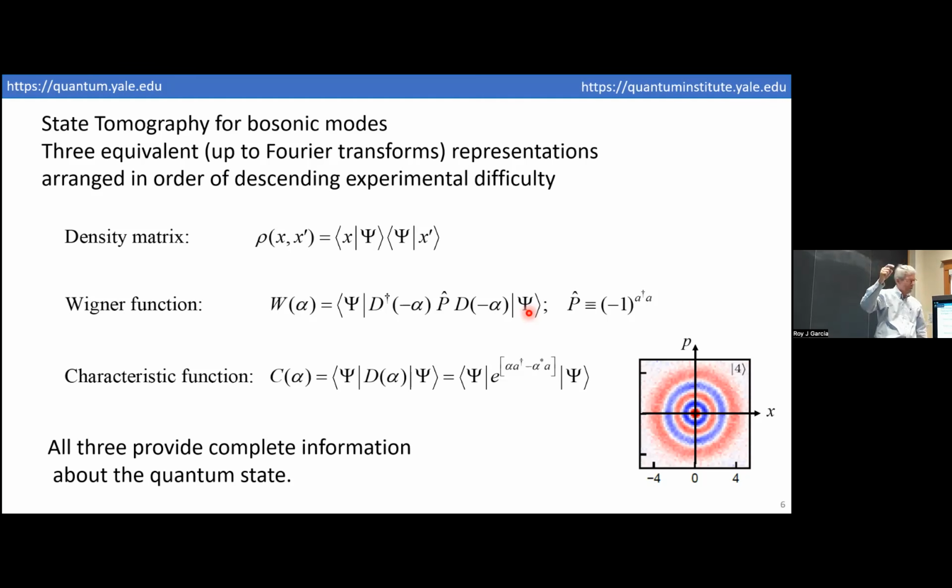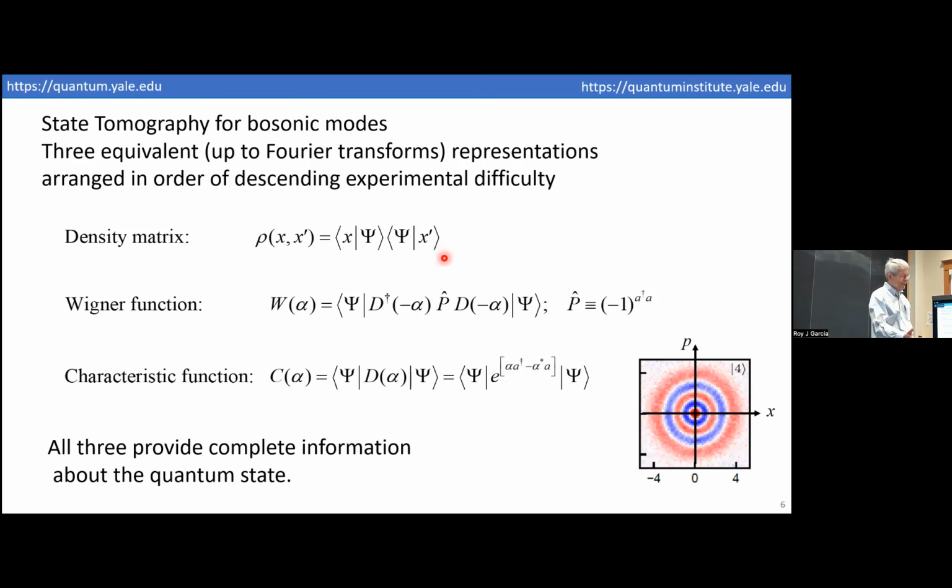It's a complex number representing the position in phase space. And you displace that point to the origin, and then you find the expectation value of the photon number parity operator. And sometimes it's positive, sometimes it's negative, sometimes it's 0. And that turns out to be the Wigner function, which is a partial Fourier transform of the density matrix and contains exactly the same information.